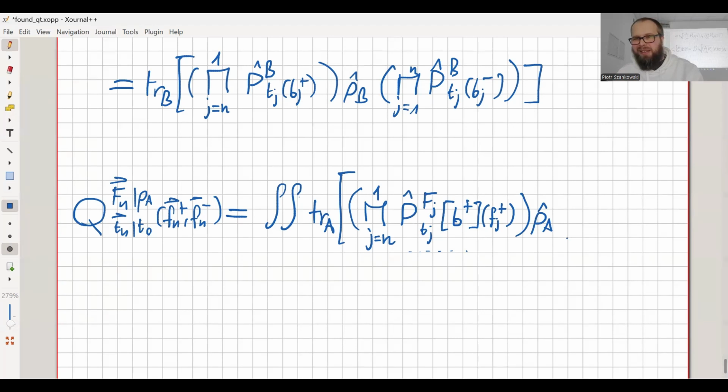Row A. Here you have a set of projectors going the other way, but they depend on the minus component of the B trajectory, and also the minus component of the sequence of arguments here.